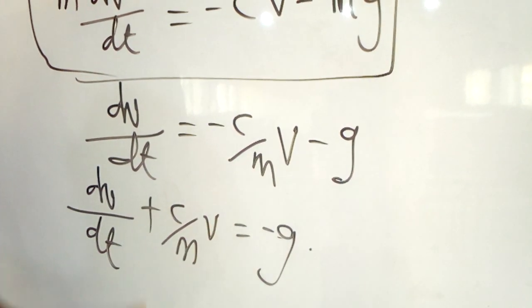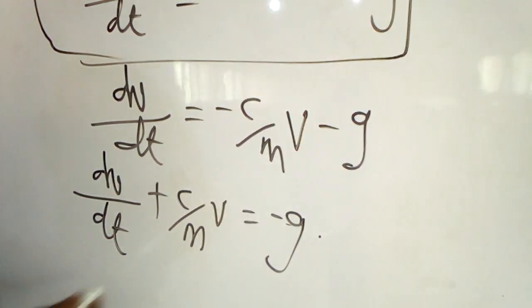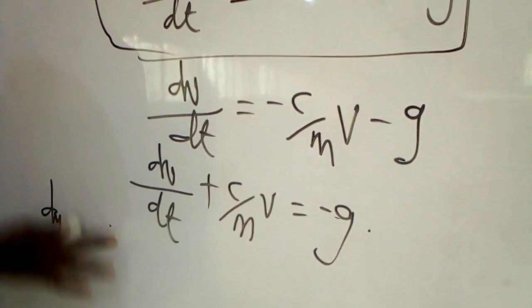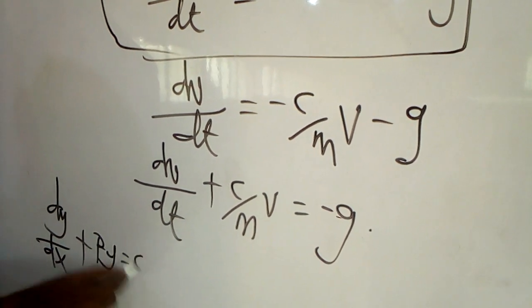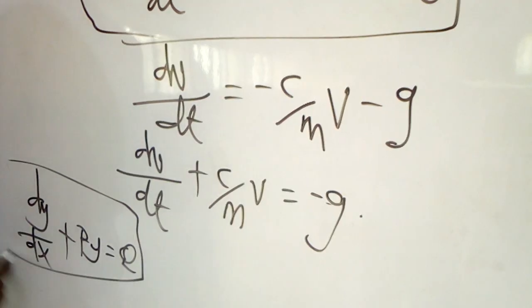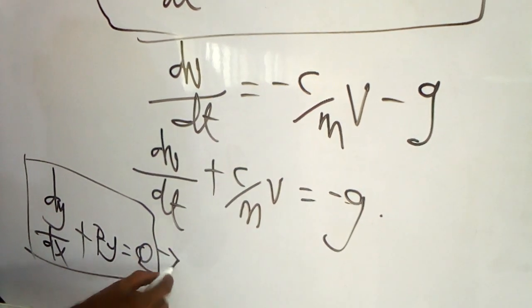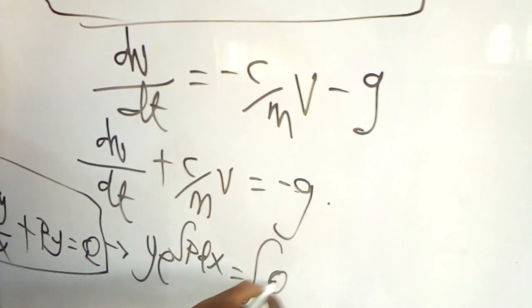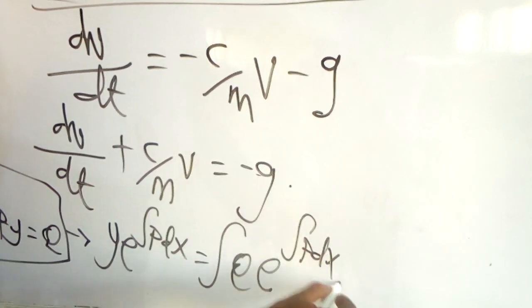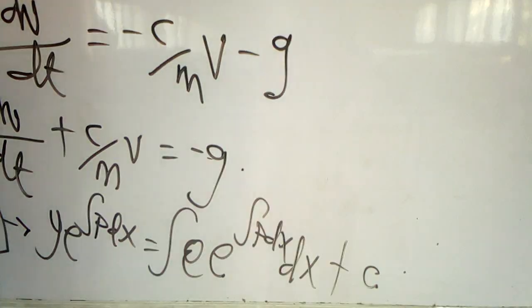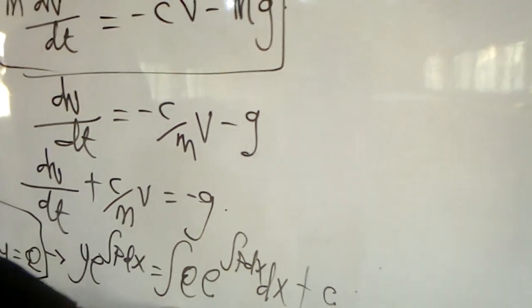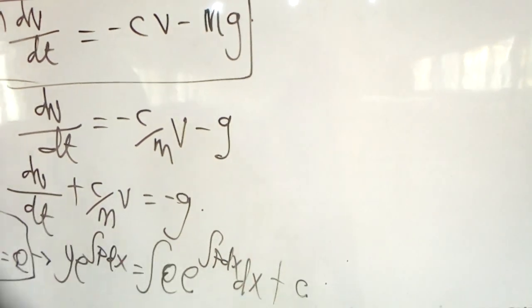Now, the solution expression can be linked to dy/dx plus py equal to q, a linear first order differential equation format in ODE, which gives a solution formula of y exponential integral p dx is equal to integral q exponential integral p dx dx plus arbitrary constant c. This is the solution formula to the first order linear differential equation dy/dx plus py equal to q.